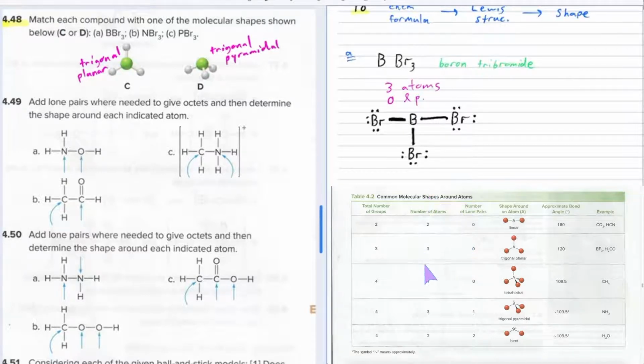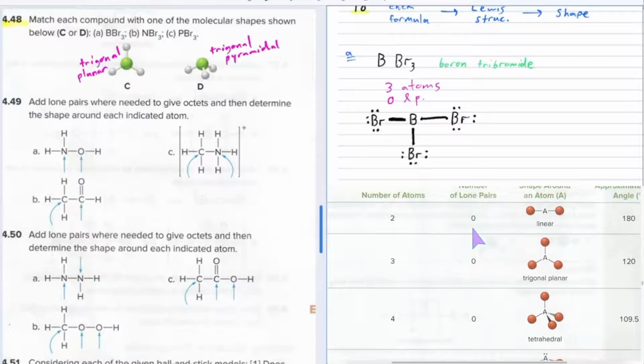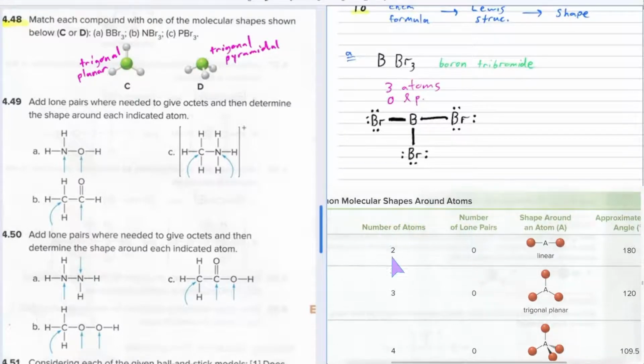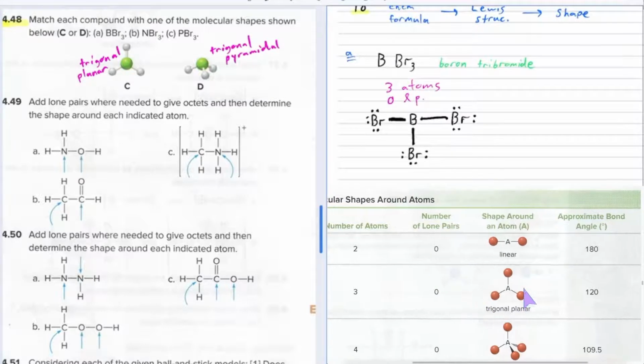So look for 3 atoms and 0 lone pairs, and it looks like it's here. 3 atoms, 0 lone pairs. That's that trigonal planar geometry. So this structure up here is a perfect triangle. So let's go ahead and just label that. That's trigonal planar.